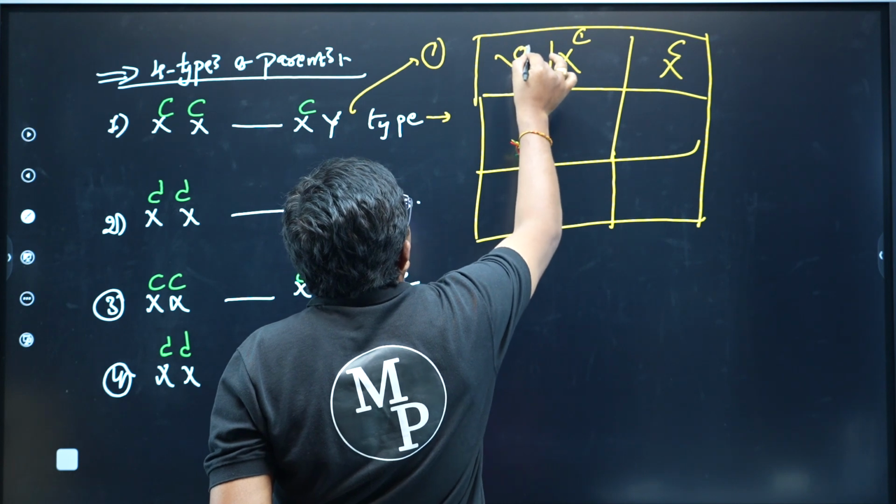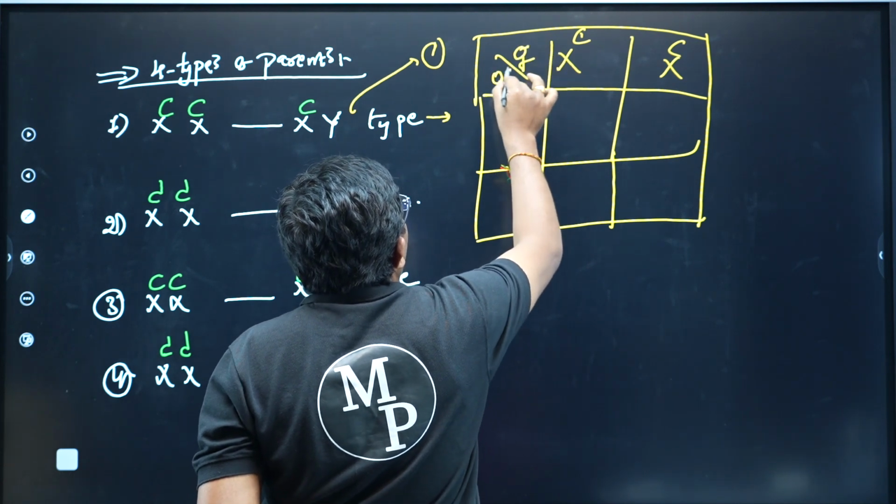Right, on one side female karyotype, on one side male.